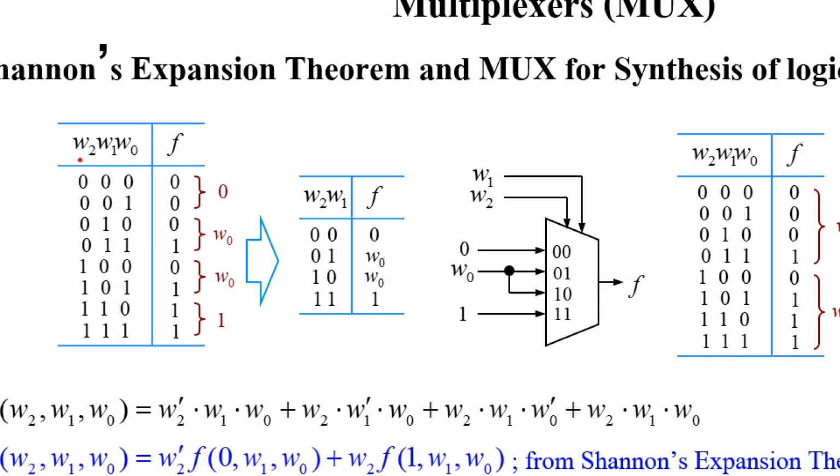If I use W2, W1 as selector signals, let's consider when W2, W1 is 0, 0, the output of the function is constant 0. Then you apply 0 here. For 0, 1, the function value is the same as W0. So you apply W0 here. For 1, 0, also the same as W0, apply W0 here. And for 1, 1, the output is constant 1, so it's 1 here.